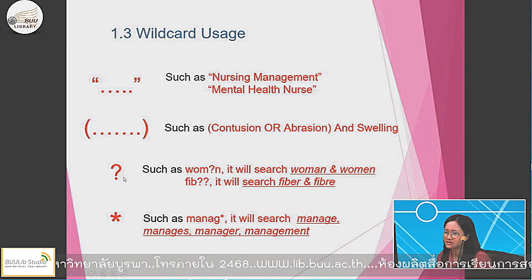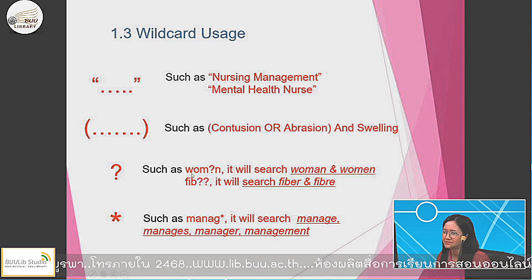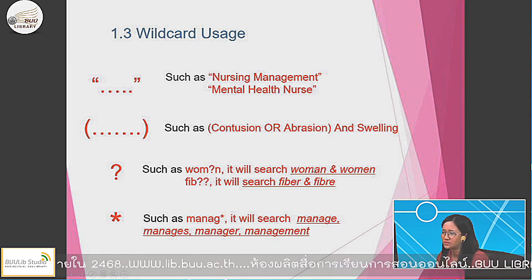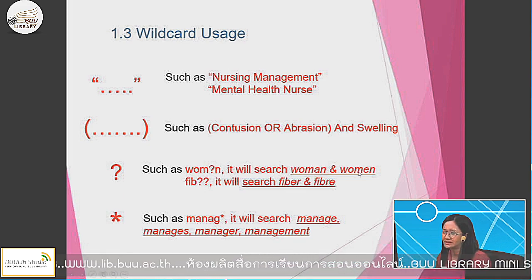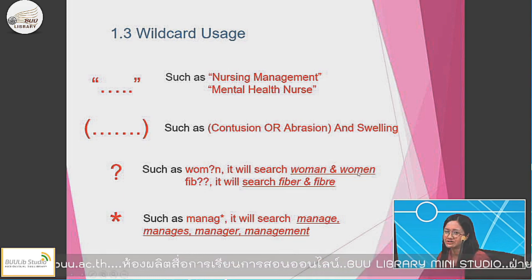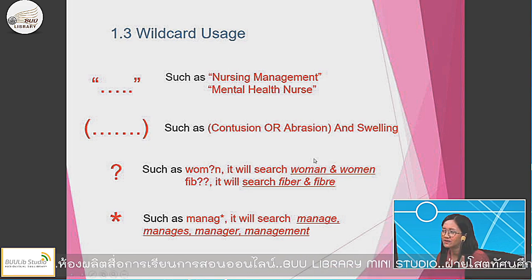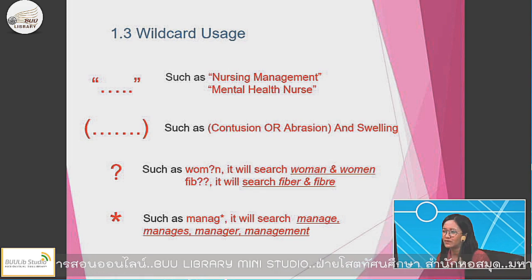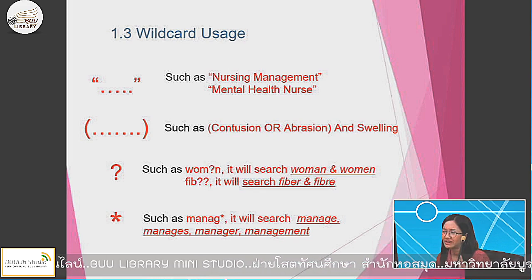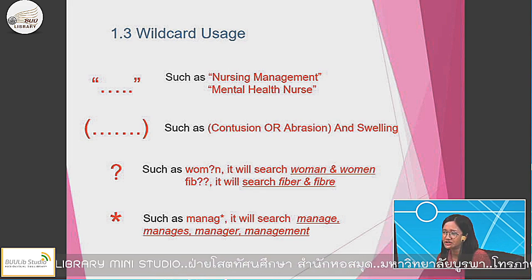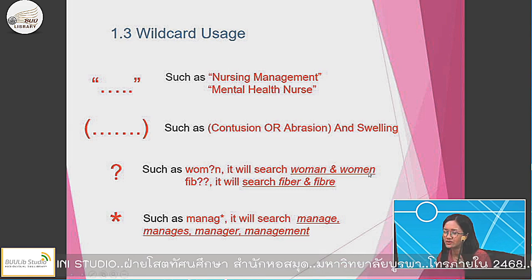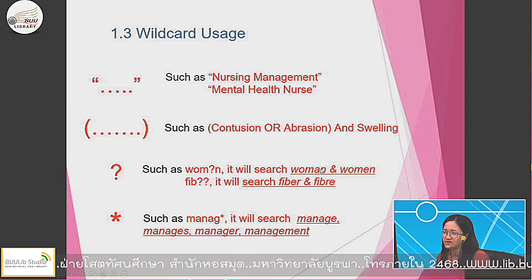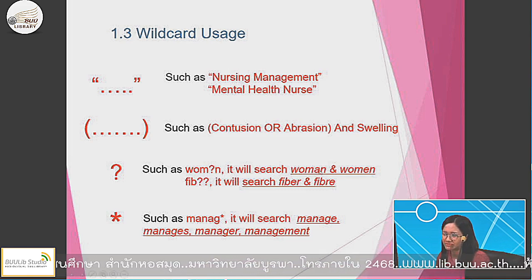Question mark, such as man and woman, and British and American spellings. If we just search woman, the result will appear only woman. But there are some researchers that use women, so it won't appear if we only search woman, right?